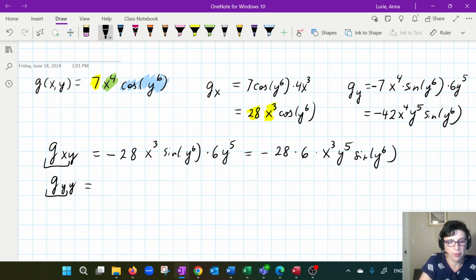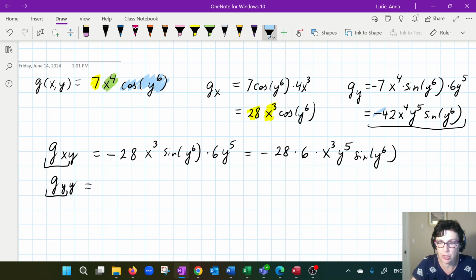Now let's take g with respect to y. So this is where we take our derivative right here, and we take another derivative with respect to y. Now, this is going to be a little bit more complicated, but something that is not going to be complicated is realizing that negative 42 and x to the 4th are treated as numbers when you take the derivative with respect to y.